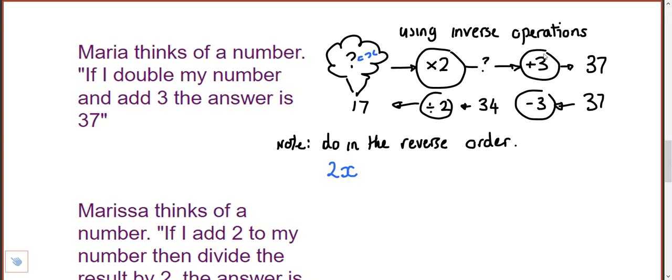Alright? And then we have to add 3. Now this, on its own, before I decide an answer, is actually called, does anyone know? This is an expression. So that's the expression. But once I give an expression a value by saying that it's got to equal, in this case, 37, then it makes it an equation.